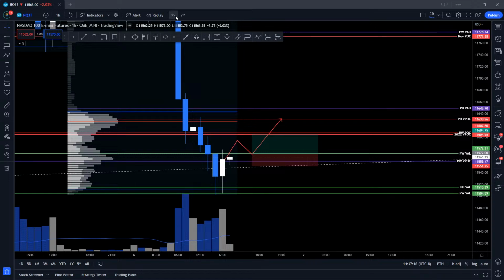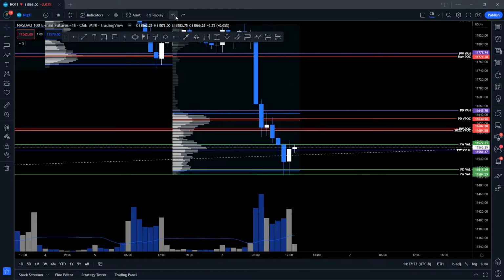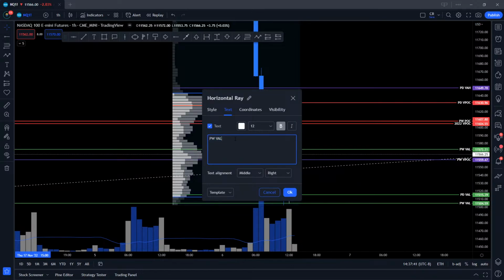So pretty sure tomorrow we're going to get upside on NQ Qs. This isn't the greatest trade here, but if we do come down, actually, no, that's not even good advice. Oh, this is the value area high, value area low.